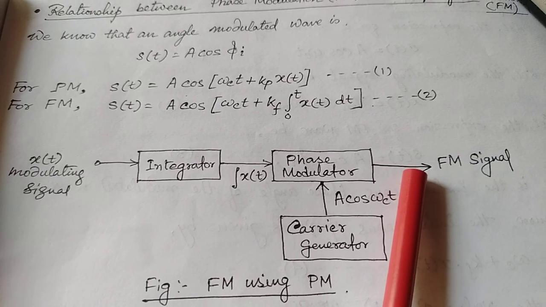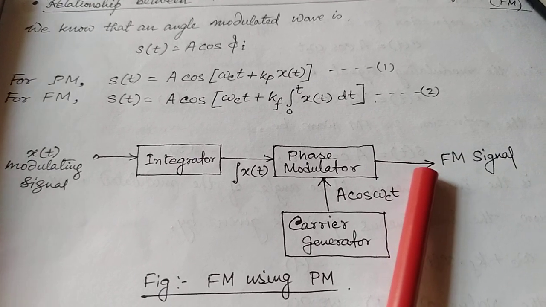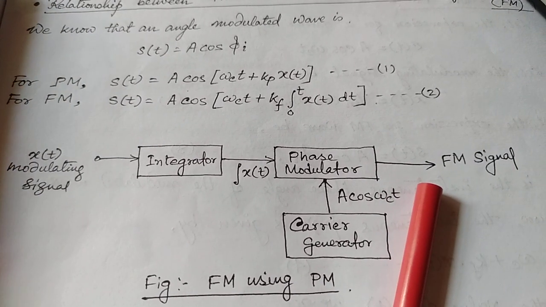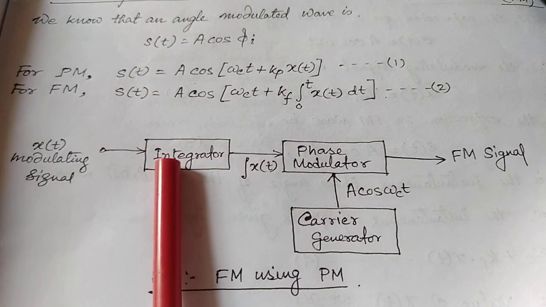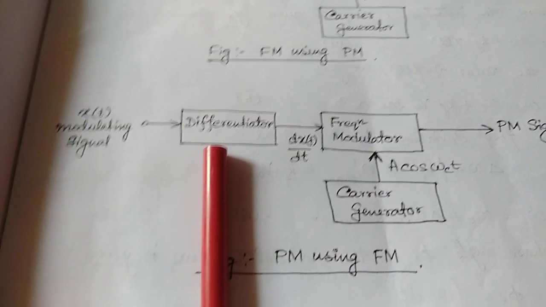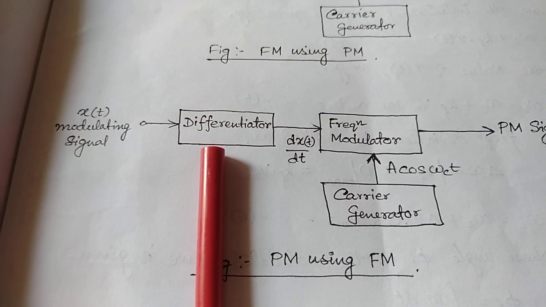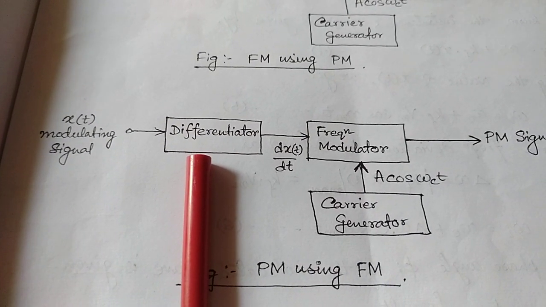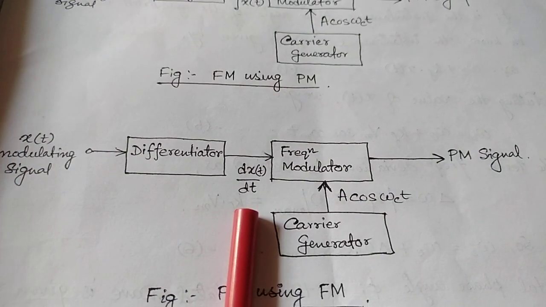The same principle is applicable when we generate PM using FM. Just in place of the integrator there will be a differentiator. So after differentiating it will become dx(t)/dt.